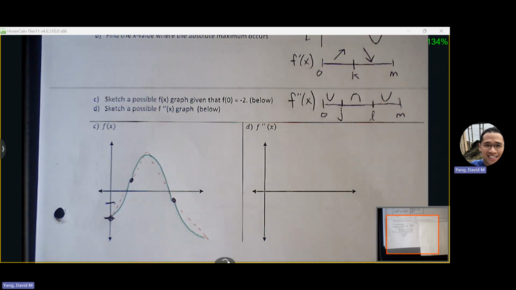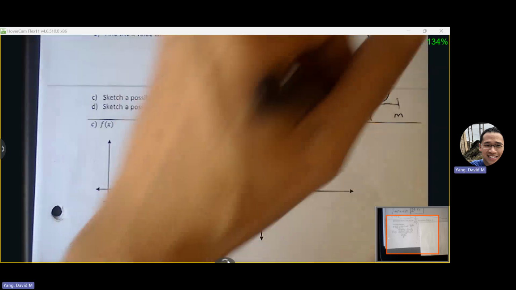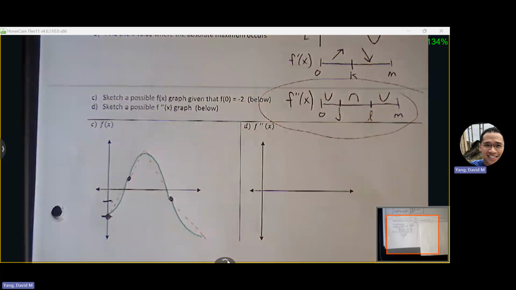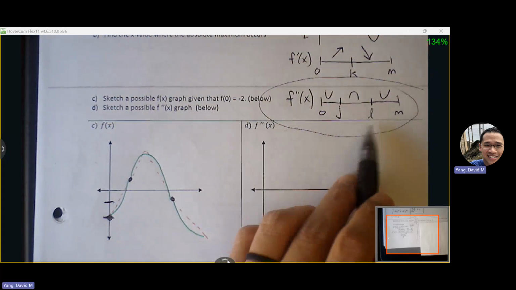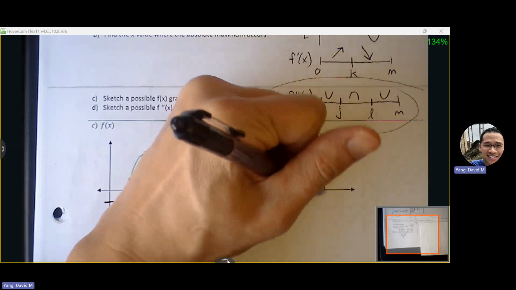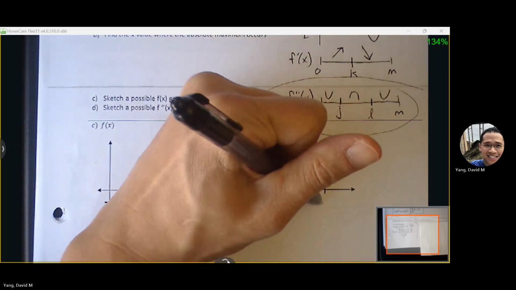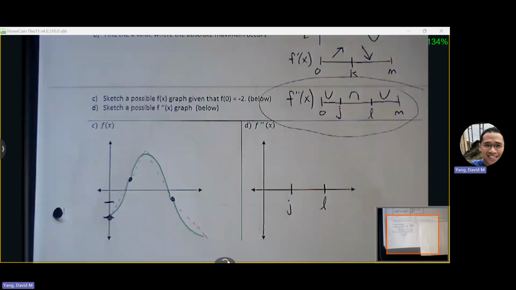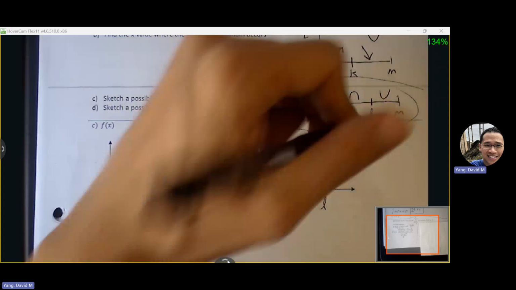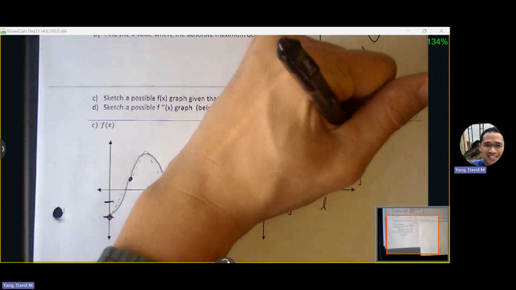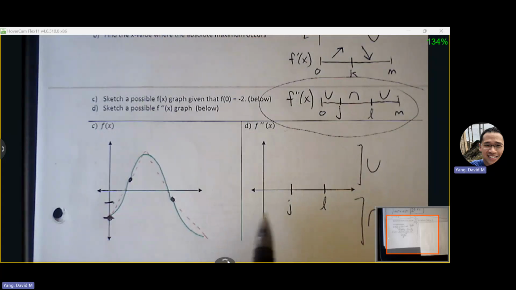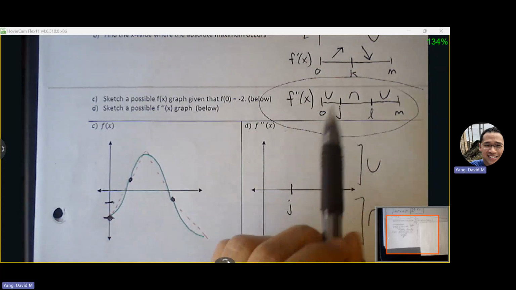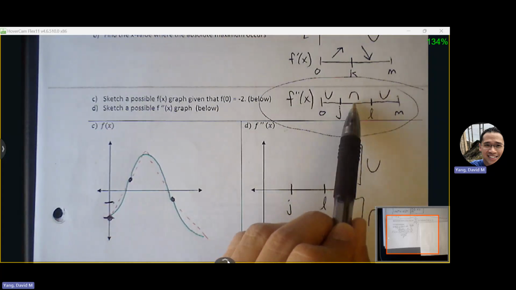Okay, next up, we're going to create a second derivative graph. The second derivative graph is only relying on the second derivative sign line. And we know that J and L are points of inflection. They're going to land on the x-axis. Anything above the x-axis is concave up. Anything below is concave down. And we're just going to thread our graph through these points. The graph is not necessarily going to look like these shapes.